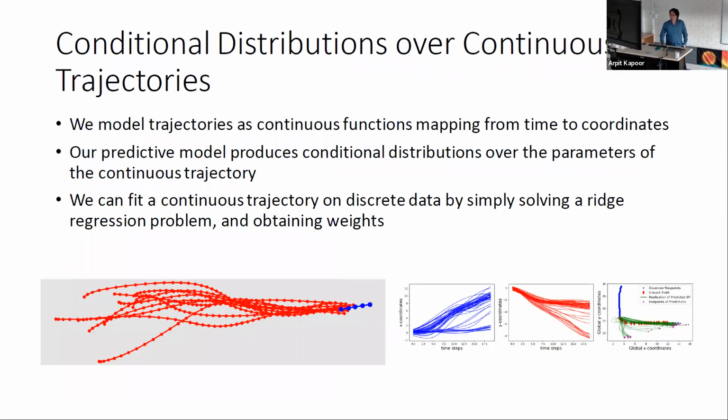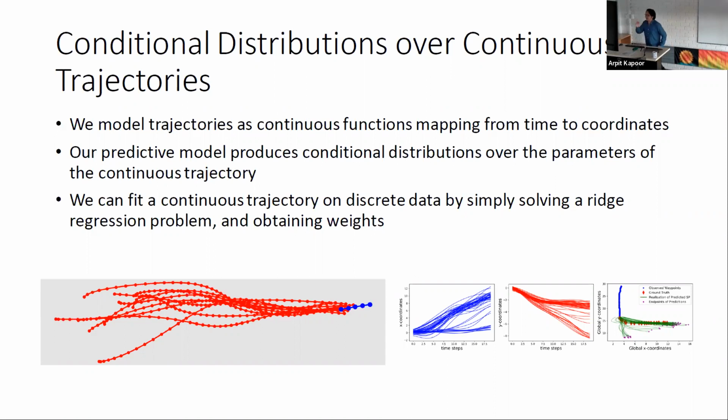Cool. So, trajectory representation. This is how we represent trajectories. We propose to represent trajectories as conditional distributions over continuous trajectories. That is, instead of modeling trajectories as discrete points as an output, we model trajectories as continuous functions mapping from time to coordinates.